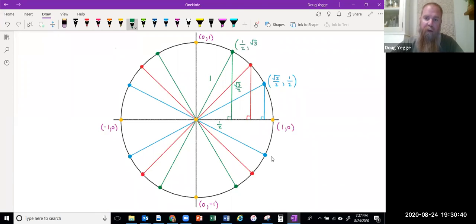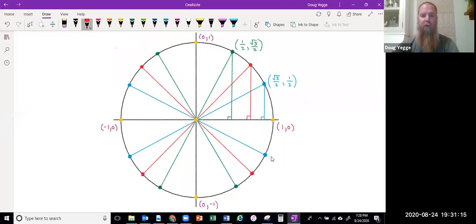So we have 1/2, √3/2 for our 60-degree angle, and √3/2, 1/2 for our 30-degree angle. So the way to remember this is just to remember that √3/2 is larger than 1/2. So the larger side is √3/2, while on this bottom one, the larger side is √3/2.